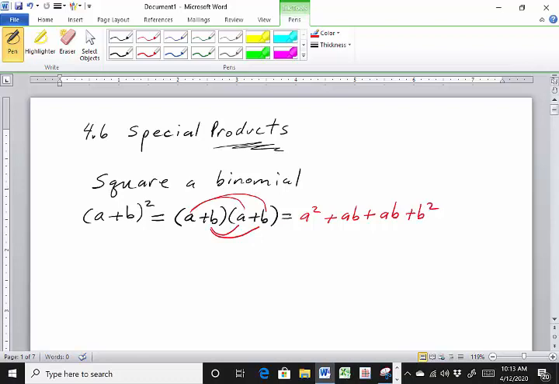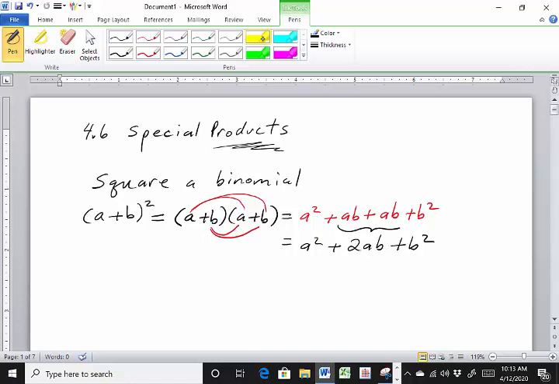So we haven't done anything special yet. We're just going to simplify this by collecting these like terms. So this is a squared plus, well, we have ab and ab, that gives us two ab's, and then plus b squared. Okay?